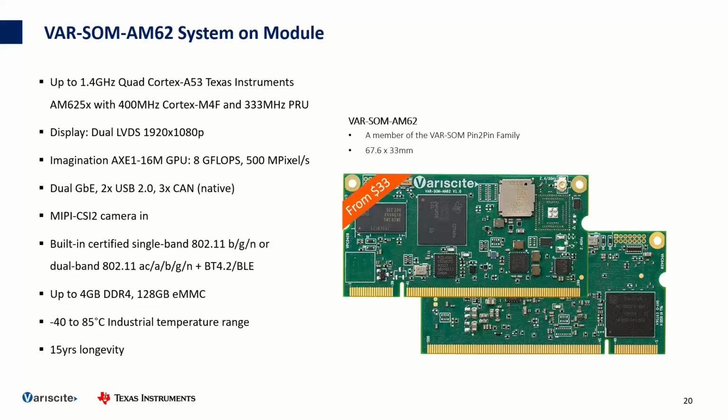The internal Cortex-M can reach 400 MHz, the PRU 333 MHz, dual LVDS display 1080p, the Imagination GPU with 8 gigaflops and 500 megapixels per second, dual gigabit Ethernet, USB 2.0, 3 CAN, native CAN, so it's part of the SoC, MIPI CSI interface, built-in pre-certified Wi-Fi modules.